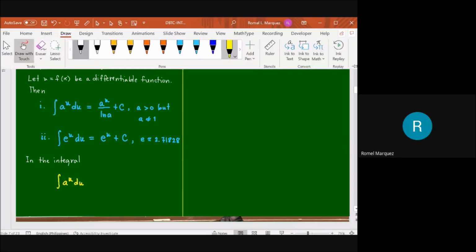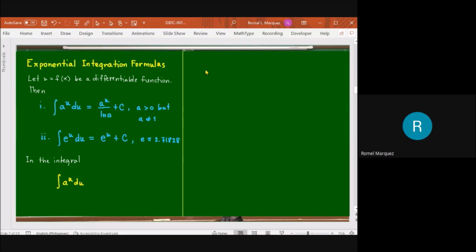In this integral, a is a constant. It is the base, which is a constant.